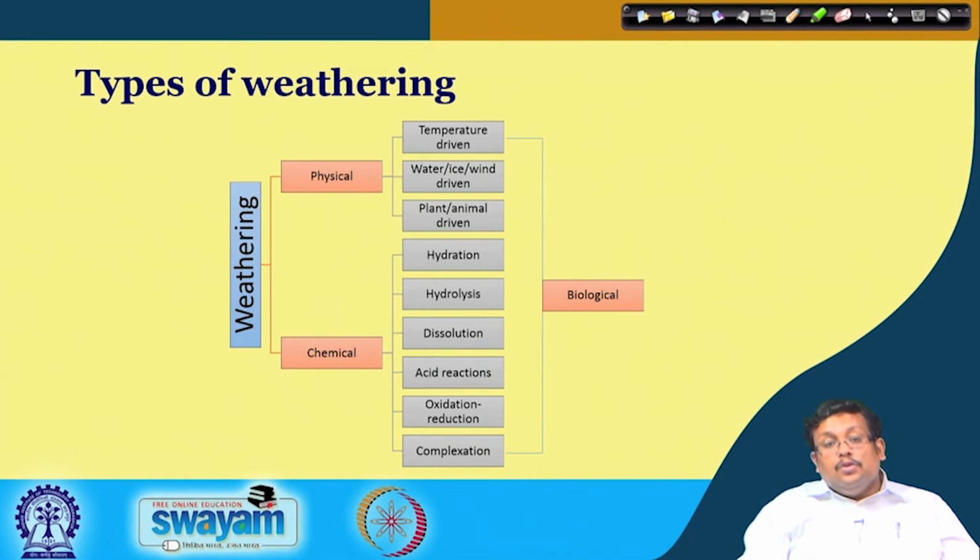For example, the roots of plants can pry rocks into smaller fragments, helping in physical disintegration, and they can secrete chemicals or acids, along with microorganisms, which help in altering the chemical nature of one mineral to another. So, it is evident that biological agents help in both physical disintegration and chemical decomposition.